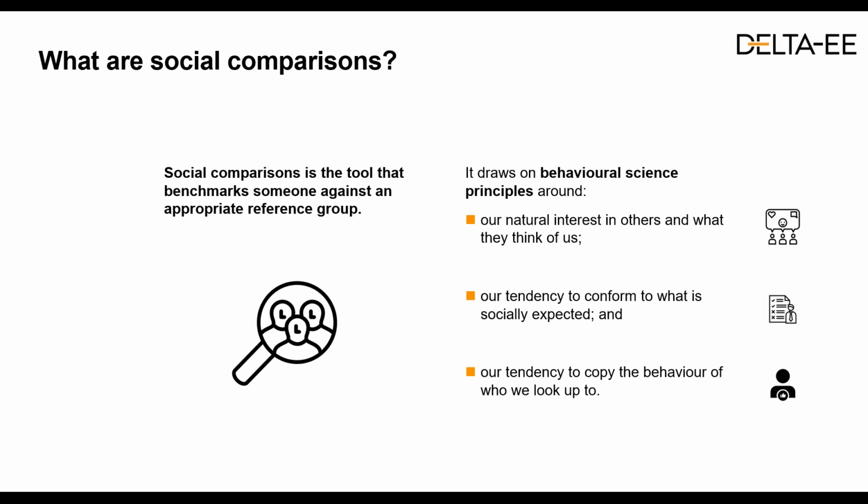Therefore, many industries are applying this theory to their customer services, especially for customer engagement, because it can be a tool to stimulate engagement with mainstream customers. As it draws on our natural interest in other people's behavior and what they think of us, we tend to conform to what society expects us to do, and we tend to copy the behavior of people who are considered good examples.